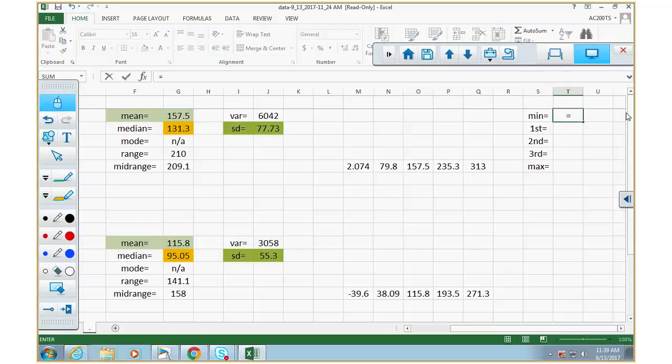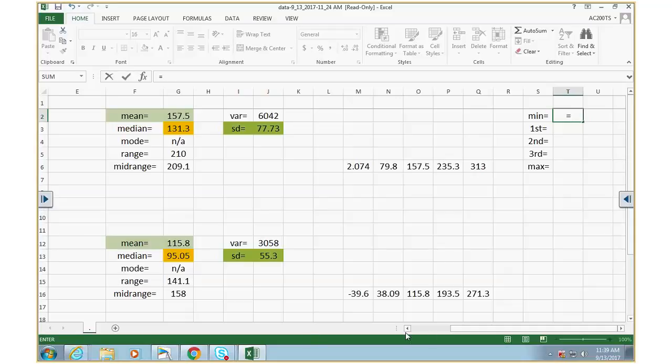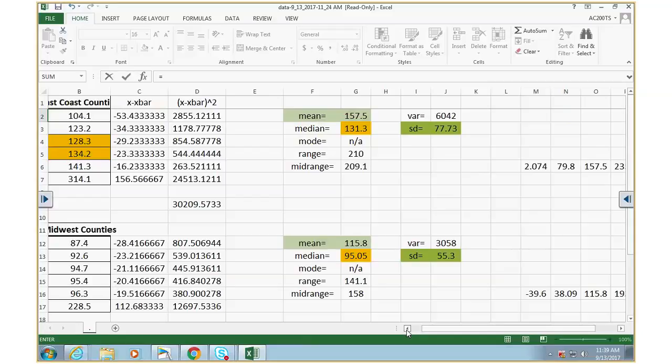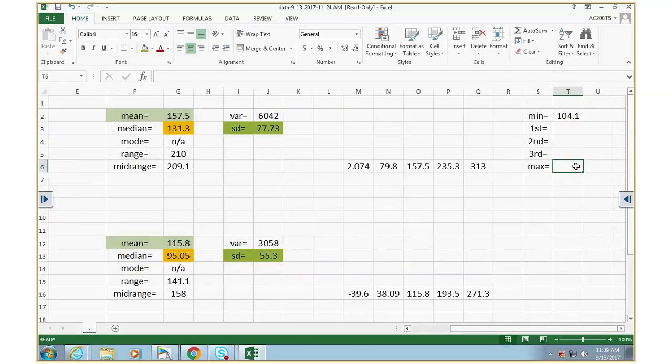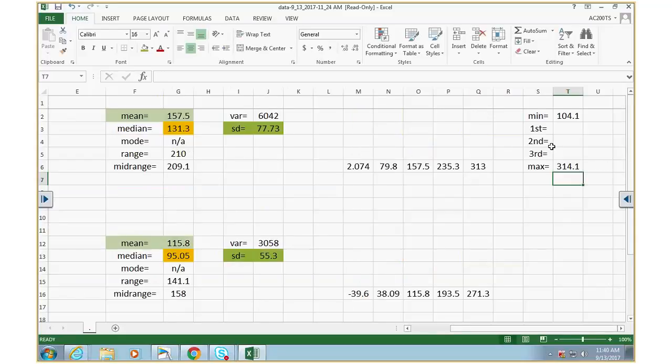The minimum is equal to $104, that's that one. And the max is equal to that number. The second quartile is equal to the what? The median.